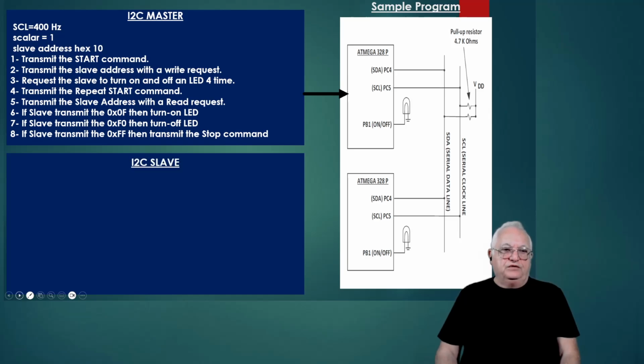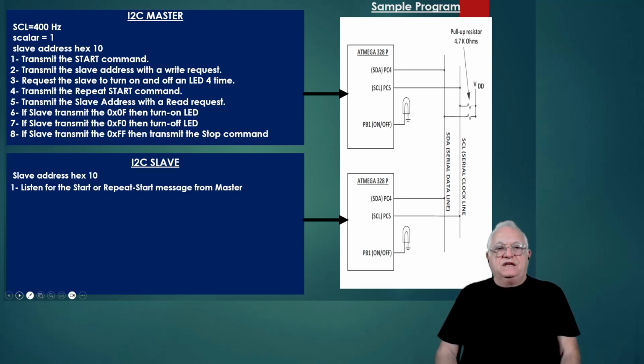Now what is the slave going to do? Address is going to be 10 hex. Then it's going to listen for the start or repeat message from the master. Then it's going to listen for the slave plus write message and return acknowledgement. If the master transmits the 0F, then it would turn on the LED.